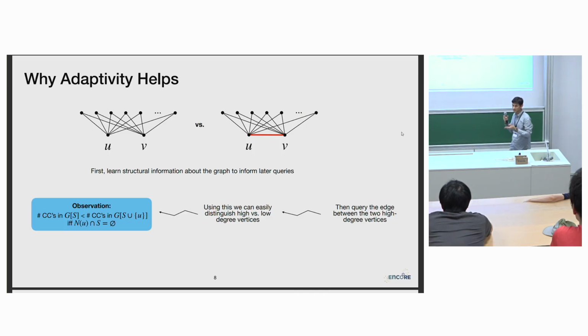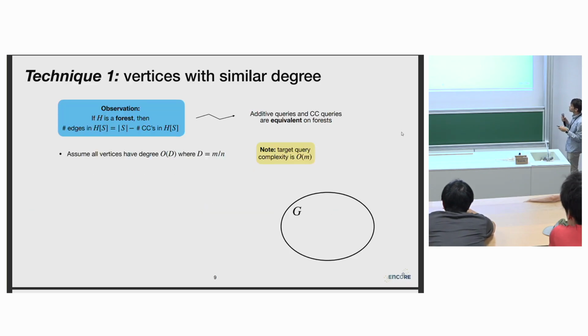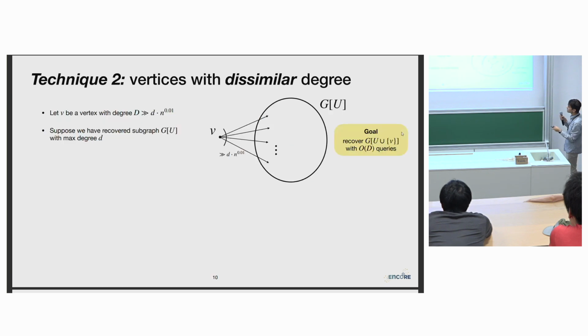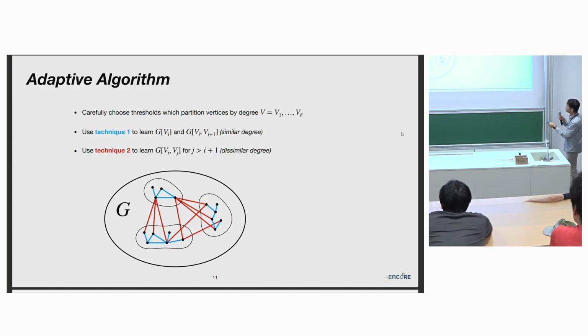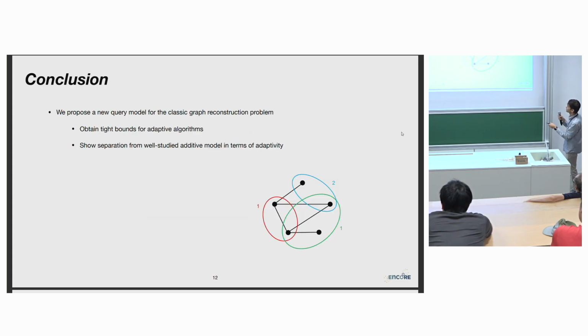This is how you make the connection with group testing. That's one of the observations that leads to the algorithm. This is some detail about the technique that we will not have time to go over, but that's what we use to get this adaptive algorithm.